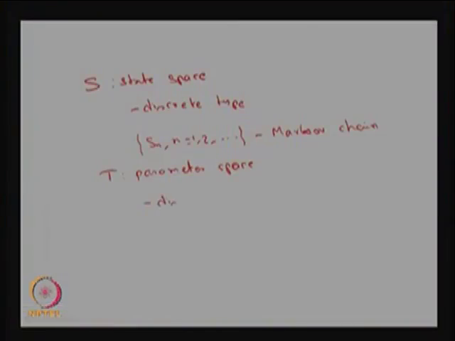Whenever T is of the discrete type, the Markov chain is called a discrete time Markov chain. Whenever the parameter space is of the continuous type, that means the possible values of T are uncountably many, we say continuous time Markov chain.